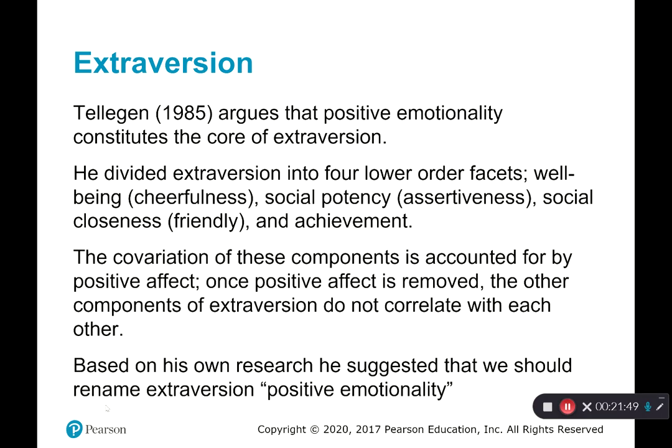And there are other theorists who have found sociability to be the core component that holds things together. So this never really caught on. Tellegen's argument goes back to the 80s, and as for now, the trait is still most commonly referred to as extraversion.